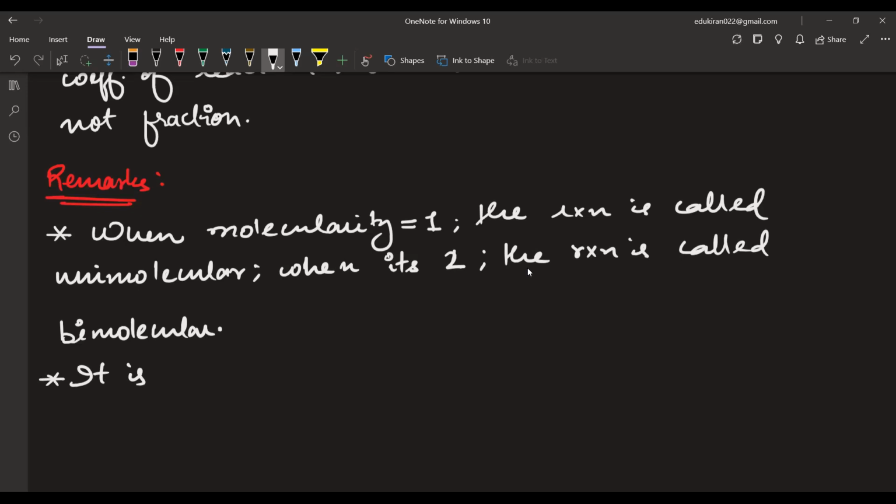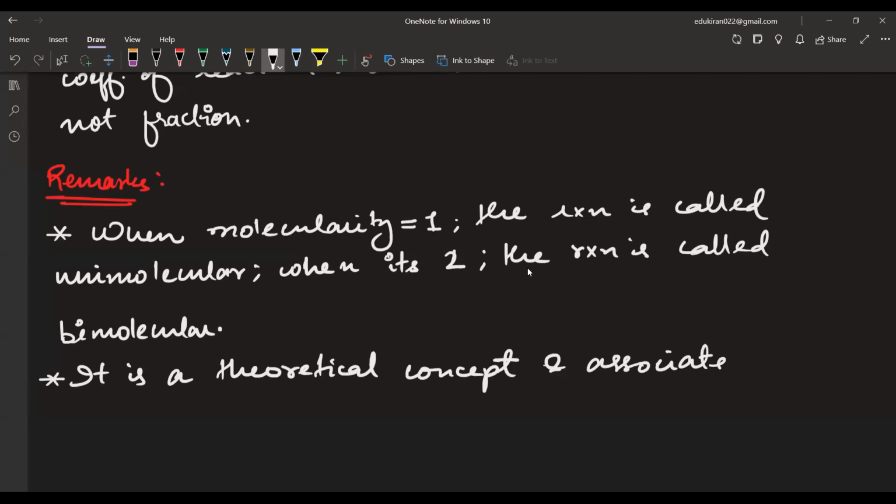It is a theoretical concept. It is purely based on theory and associated with balanced chemical reaction.